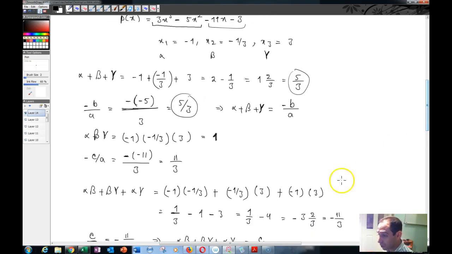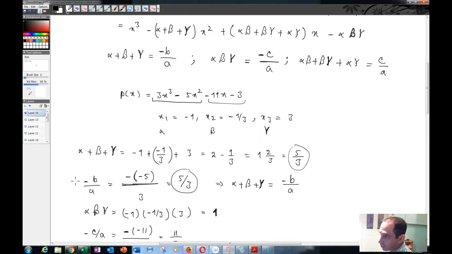I do not know why it doesn't work. Let me see. Well, it doesn't work because I have written this wrong. This is actually supposed to be -d by a, I suppose. Alpha, beta, gamma is -d by a and not -c by a. So that's why it doesn't work.